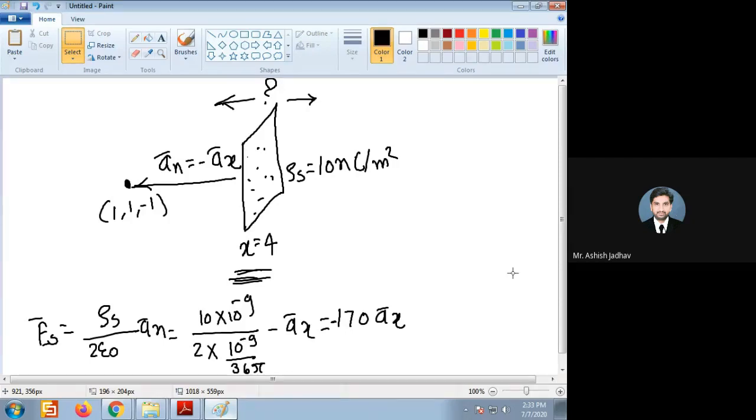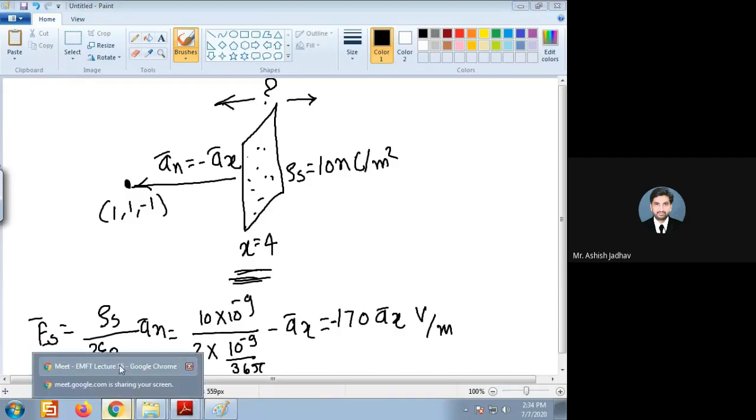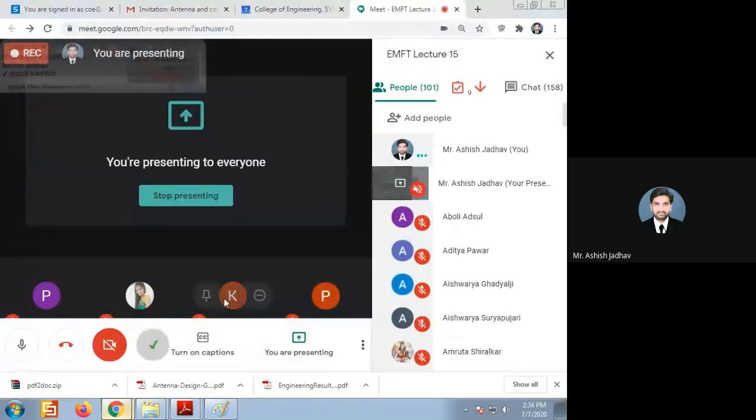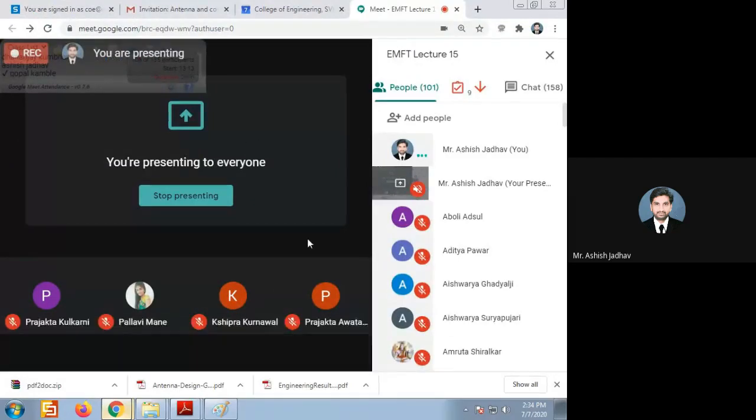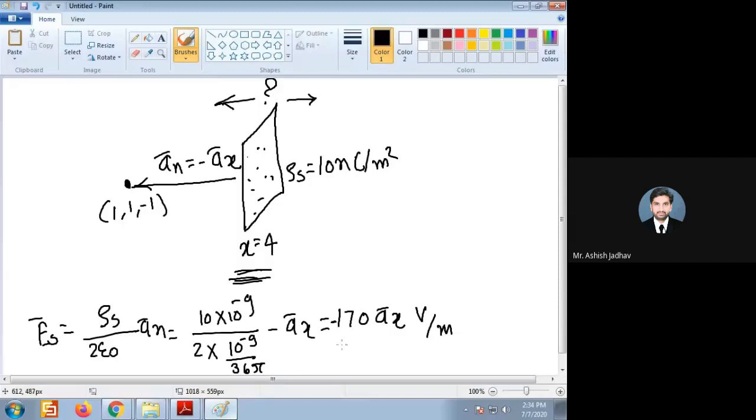Does everyone get the same answer? Volts per meter. All of you got this answer? 170, verify it. 565.48 is it?